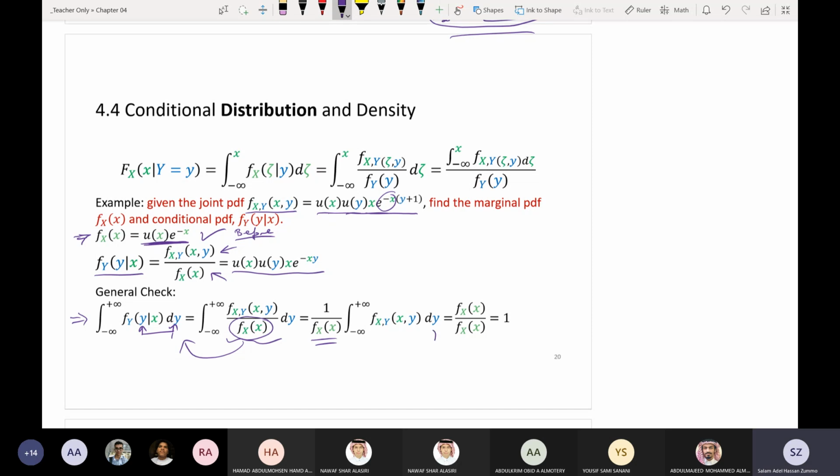I have an integral over y of the joint PDF. And you know that if I integrate the joint PDF over y, I get the marginal of x, exactly. And I have already divided by f_X, so the PDF of x divided by the PDF of x gives 1. This just confirms what I have just written above.